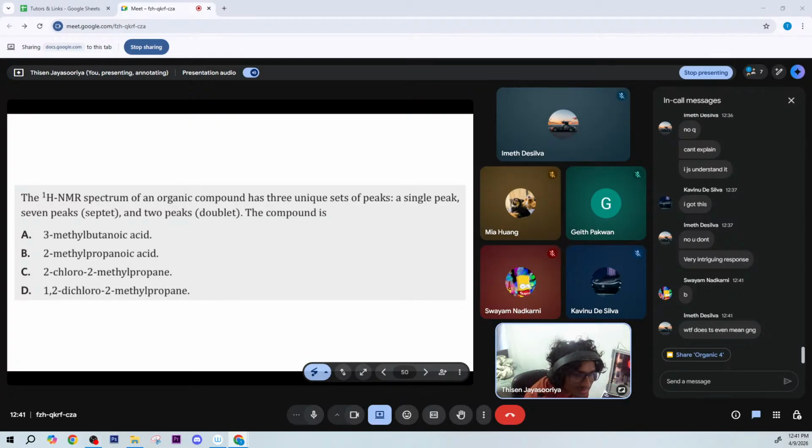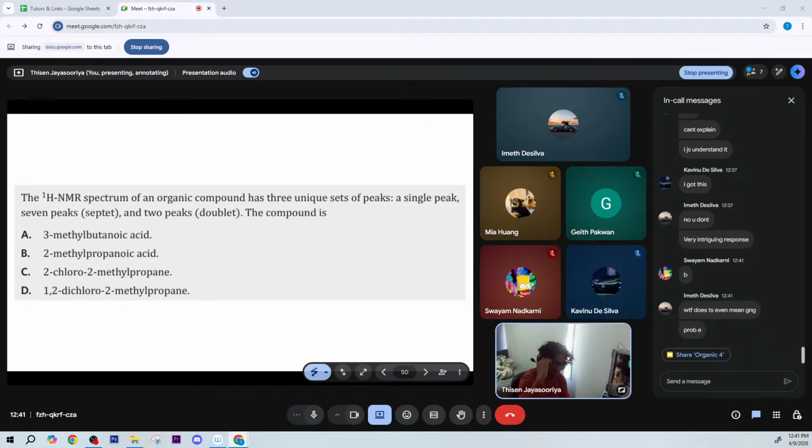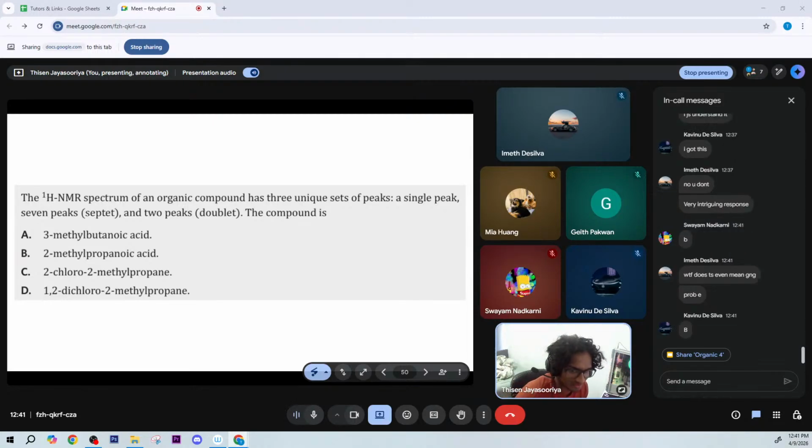Anyone else have any guesses? Pop E, okay. What about Mia, Blessing, Kavinu? What do you guys think? B? Yeah.